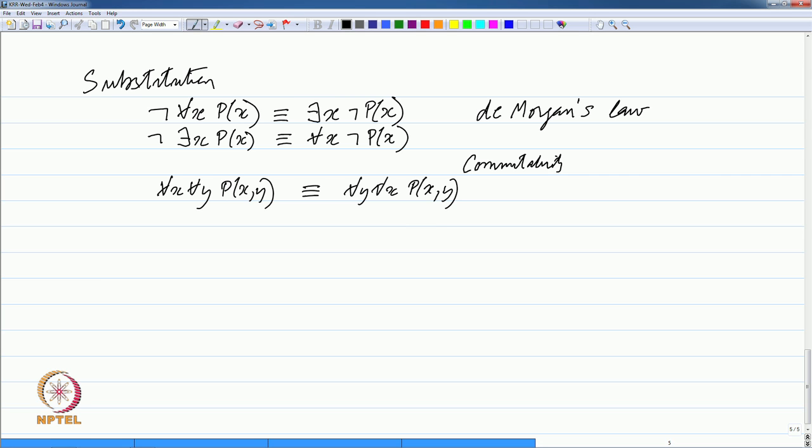Then I will encourage you to look at this formula for example. So, this same thing holds for existential quantifier.